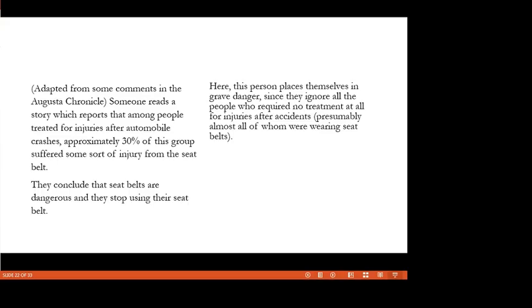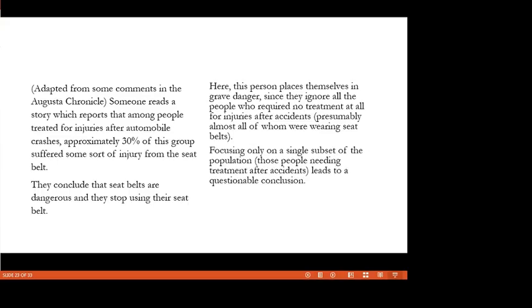And almost all those people presumably were wearing their seatbelt, because most everybody does wear their seatbelt these days. And the problem is, what we don't see is that presumably there are an awful lot of people who were wearing their seatbelt, and because they were wearing their seatbelt, they didn't require any medical attention whatsoever after the accident.